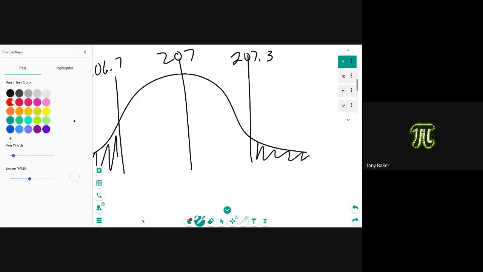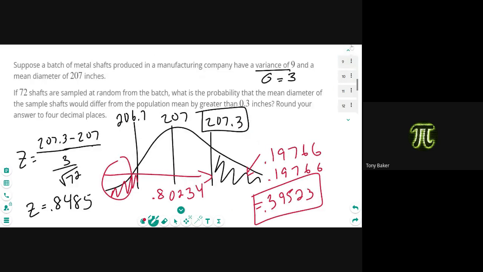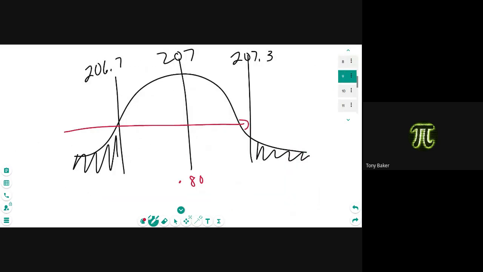What we figured out was that from here to here was 0.80, what was the exact number? We figured that out. But I needed this piece over here, so I do 1 minus it.